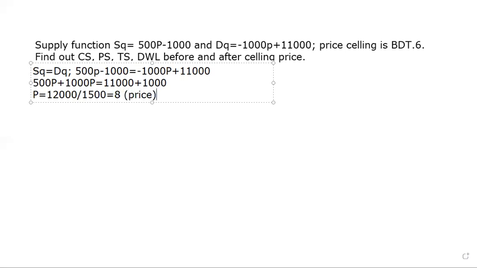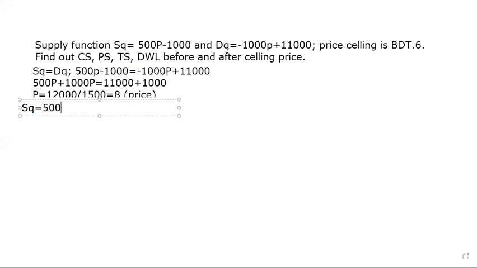So what will be our equilibrium quantity? This is our equilibrium price for this function. Now we have to find the equilibrium quantity. If we put the value in either function, the demand function or the supply function, we will get the same value because at equilibrium they are equal.